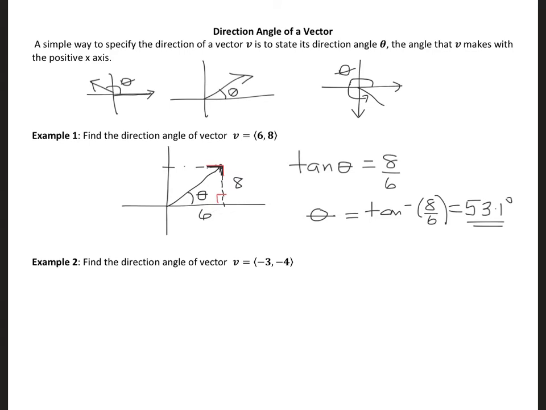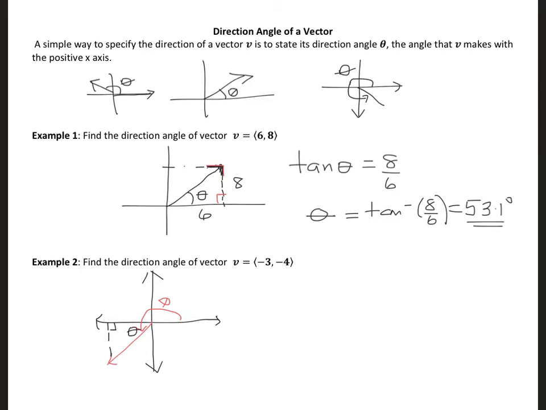Here we have another example, and this time I have to see what quadrant the angle is in. I see this is going to be in quadrant 3. I'm looking for the angle made with the positive x-axis, and that is theta. But I cannot use this triangle here to find theta.